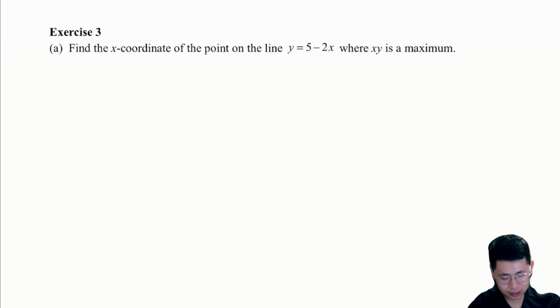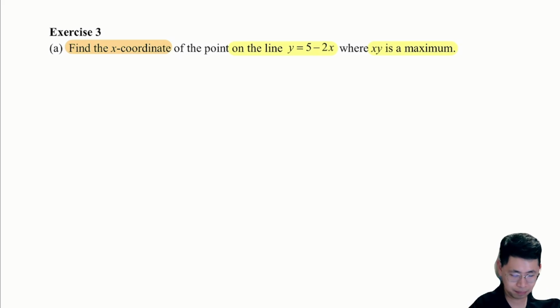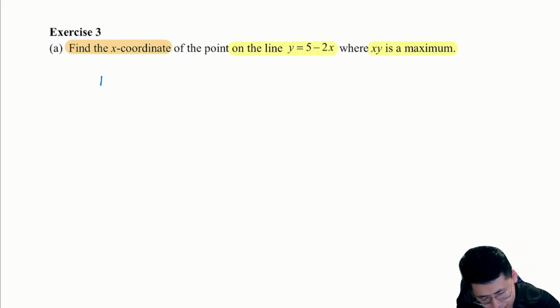Okay, so over here, what we're going to do is we want to find the x coordinate of the point on this line, and they say that xy is a maximum. Okay, so what we need to do, right, is I'm going to come up with another term, right? So I will let s be equals to xy first.